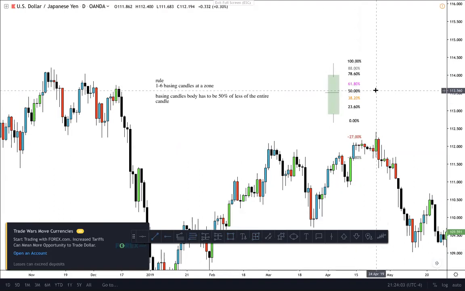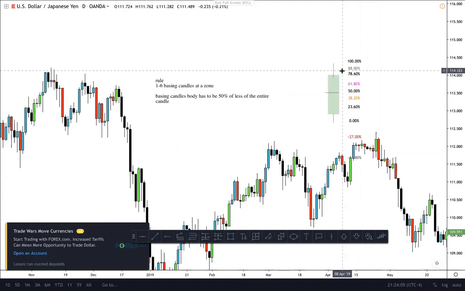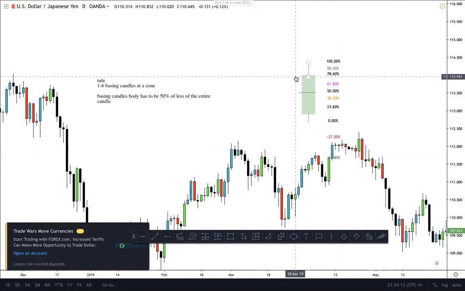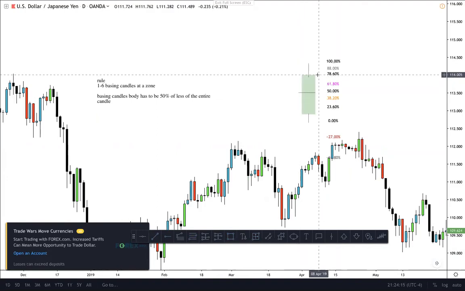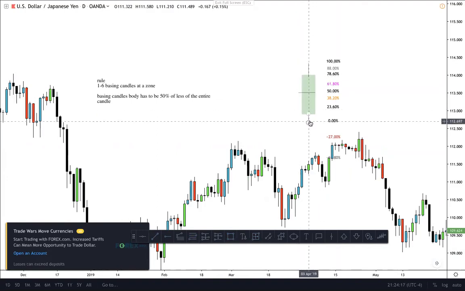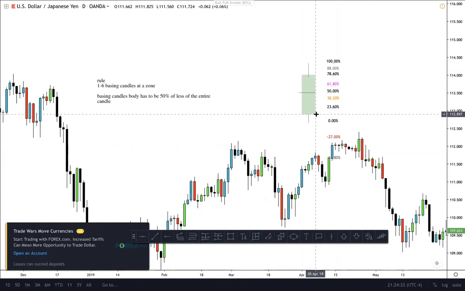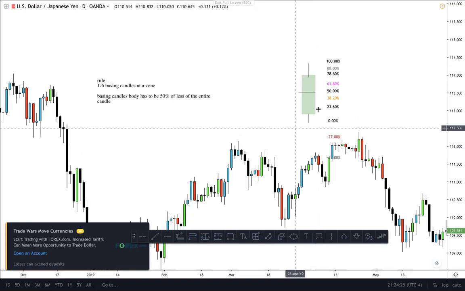Now, the body of the entire candle has to be less than 50%. Here the body is not less than 50%, because from the top of the body to the bottom of the body is more than 50% of the entire candle range.